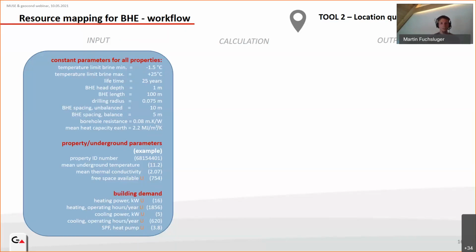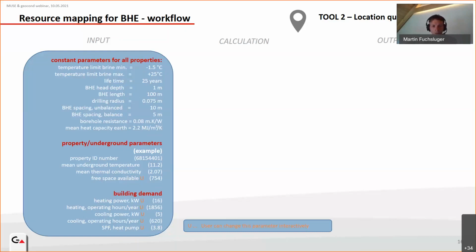And then we need the underground parameters for the property and the building demand for the property. So this is different for every property. You can see here an example in the brackets.